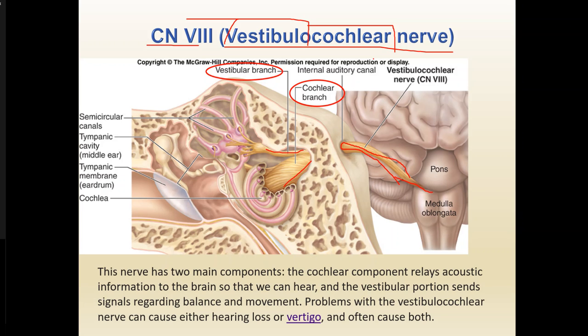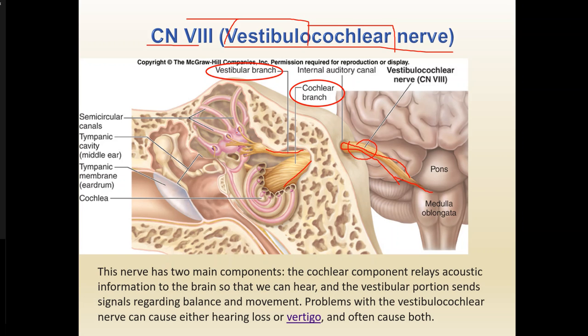That's why it's vestibulocochlear. It's almost like two big branches that then converge in one nerve bundle here. And so the cochlear component relays acoustic signals to the brain, so we can hear. And the vestibular branch sends signals regarding balance and movement.